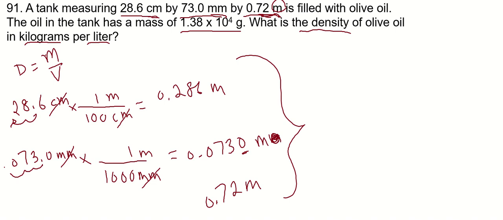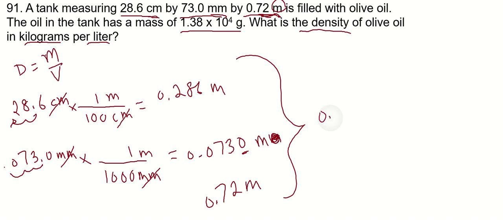All right, so now I'm going to multiply these 3 sides and get the volume. Let's get a calculator out. 0.286 times 0.073 times 0.72.